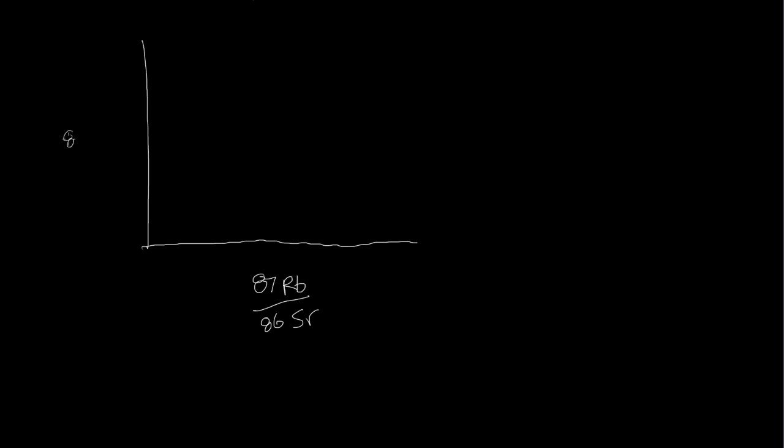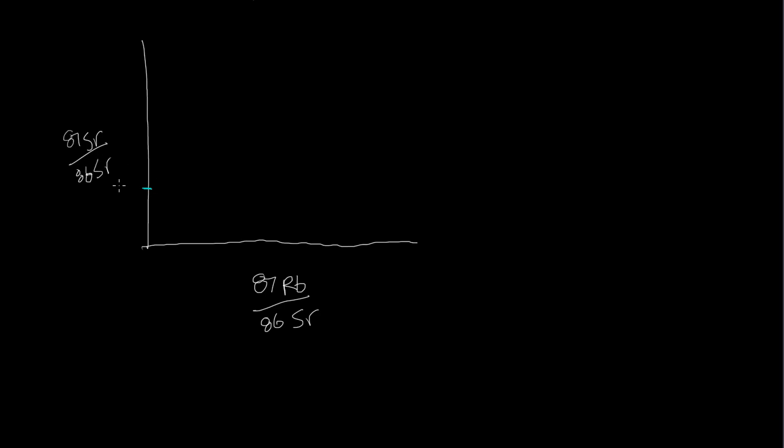To show you what happens geometrically here, let's revisit our graph. So here's our graph of 87 rubidium to 86 strontium versus 87 strontium to 86 strontium. What we're saying now is, first of all, let's actually draw a line here.